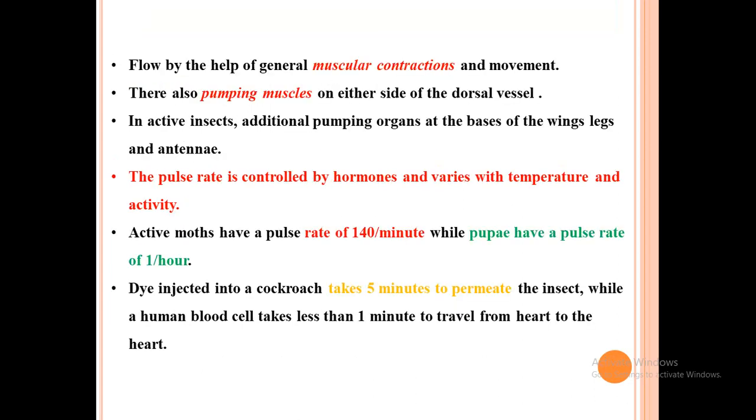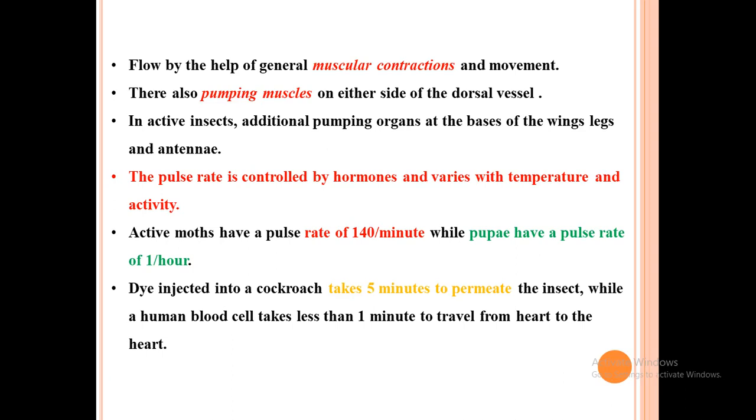Blood flows by the help of general muscular contraction and movement. There are pumping muscles on the dorsal vessel. In an active insect, these muscles, as we have already discussed, must be present in the wings, legs, antennae and other appendages to perform their activities perfectly.